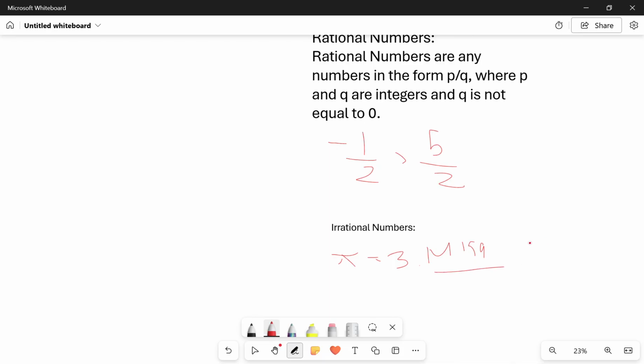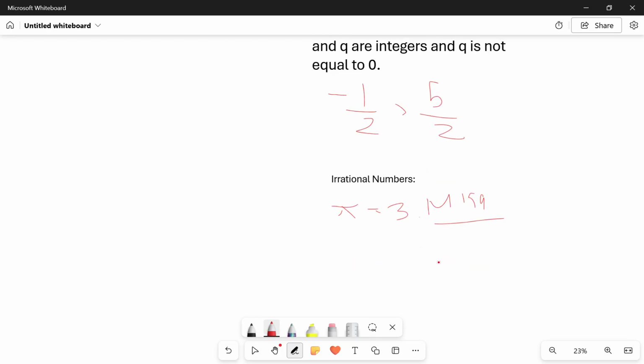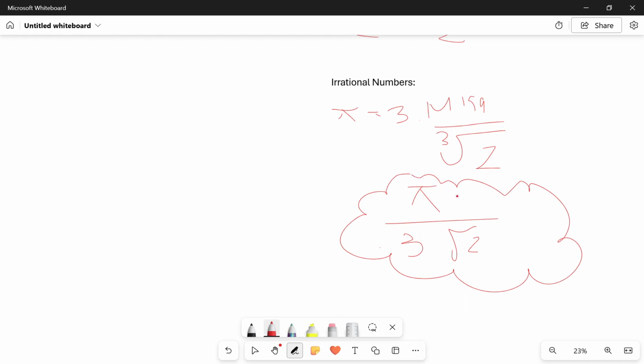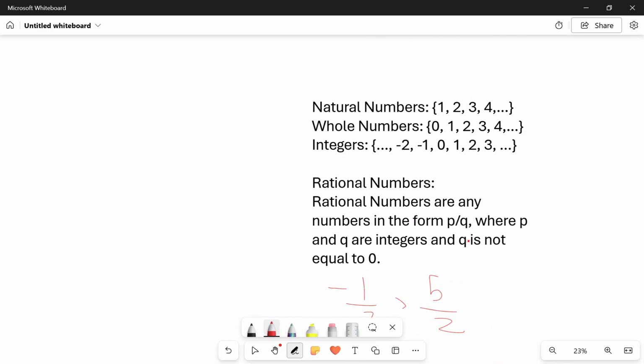So it's not something that you can write in decimal form pretty easily. They will be in square roots, cube roots. Square root of 2 is irrational, cube root of 2 is irrational. You can have pi over 3 root 2. You can have stuff like that. These are all irrational numbers. So they are not integers. Mind it, they are not integers. They are irrational numbers. Okay?